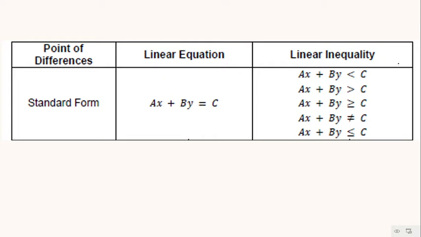While for linear inequality, we have 5 standard forms: ax plus by less than c, ax plus by greater than c, ax plus by greater than or equal to c, ax plus by is not equal to c, and ax plus by less than or equal to c. So that's what you need to remember. A linear equation has the equal sign, and a linear inequality uses 5 inequality symbols.